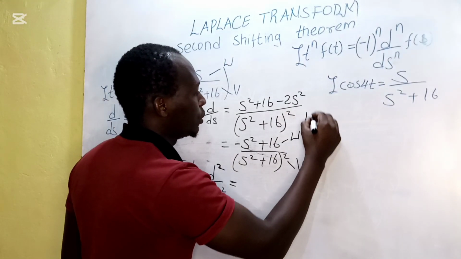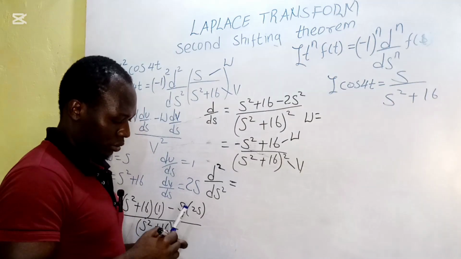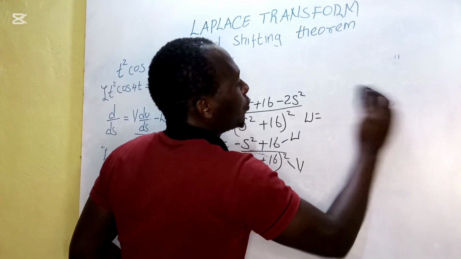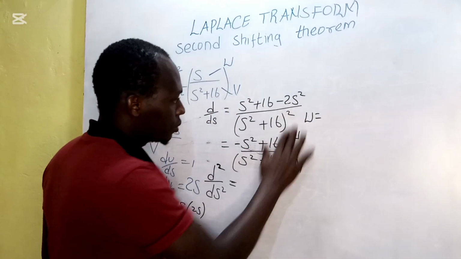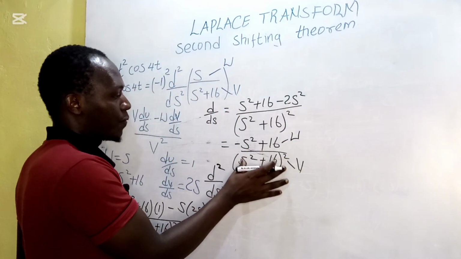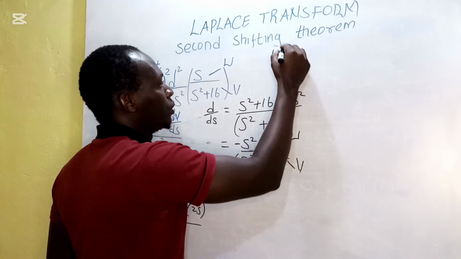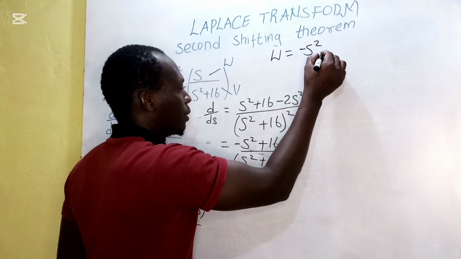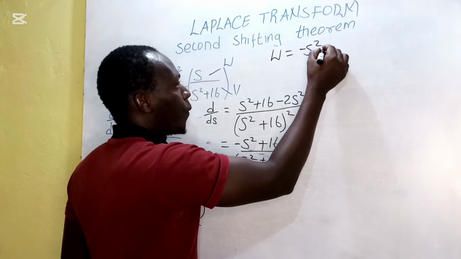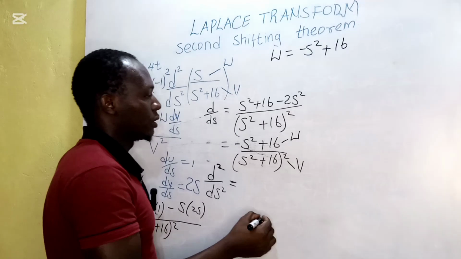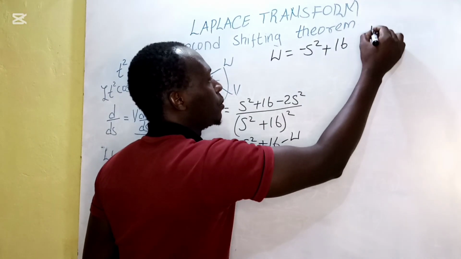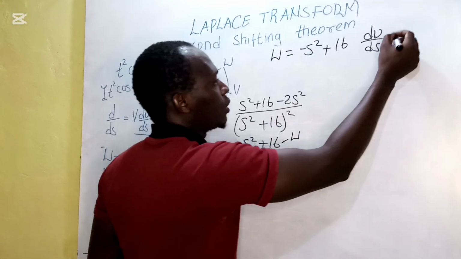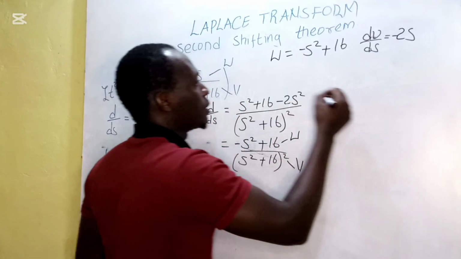We understand that u is equal to negative s squared plus 16. Our du with respect to ds is going to be equal to our differential here, negative 2s.